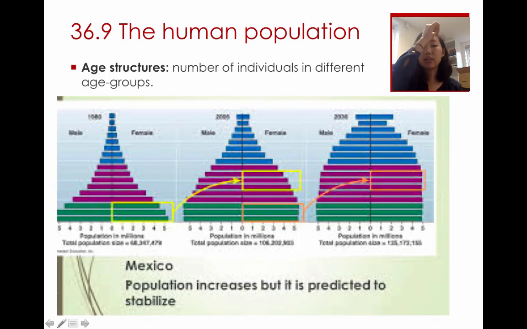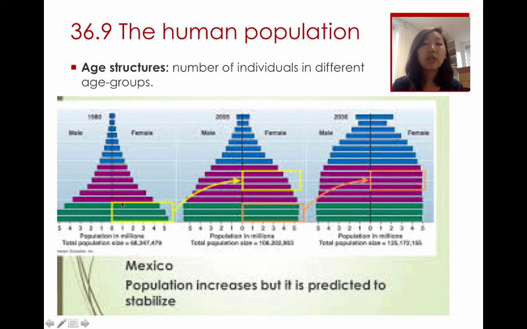Age structures are a good way to analyze why there's an increase in population. Age structures just tell you the number of individuals in different age groups. Sorry, it's a little bit blurry, but one side is male, the other side is female. This is the age structure for Mexico at different points in time: 1989, 2005, and then 2035, which is what they project for the future.